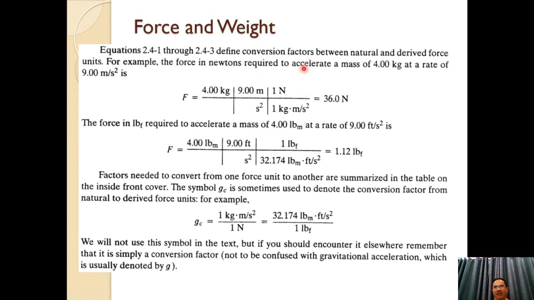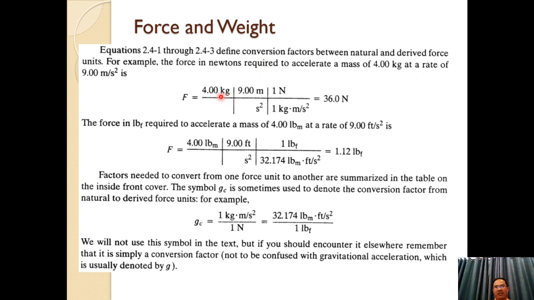M is the mass of the object and a is the acceleration of the object. Here the mass is 4 kg and the acceleration is 9 meters per second square. Then you calculate F equals 4 kg multiplied by 9 meters per second square.